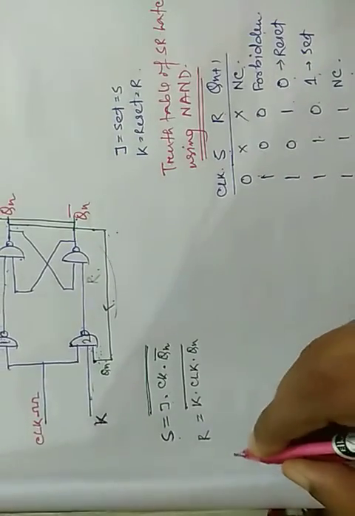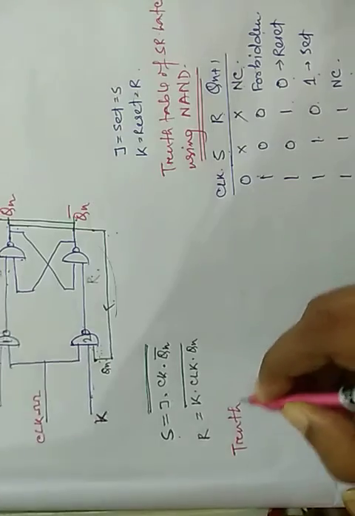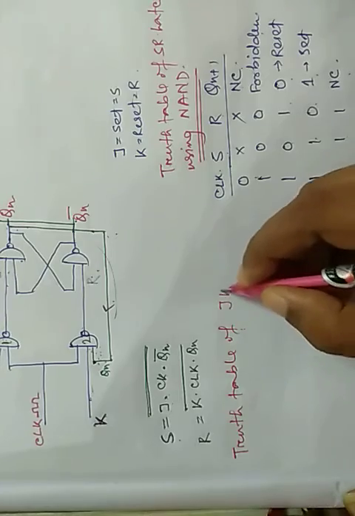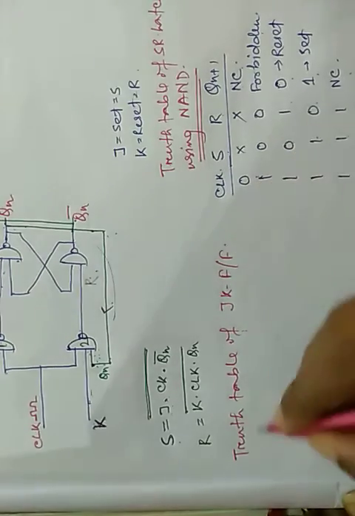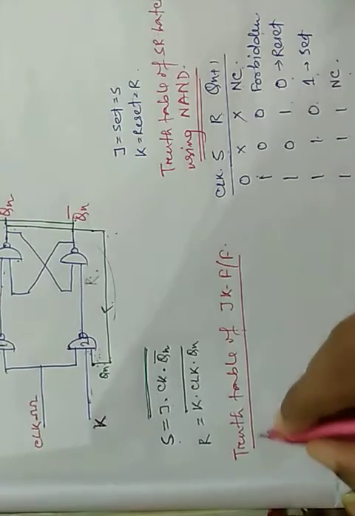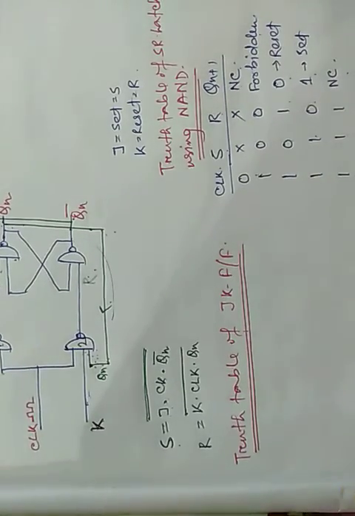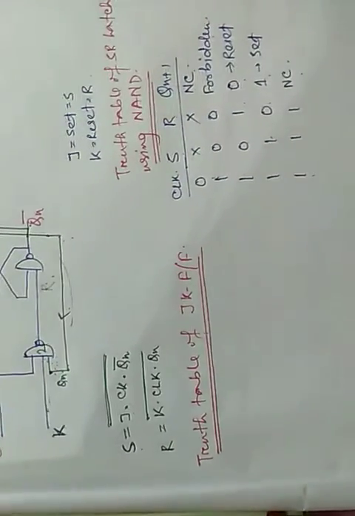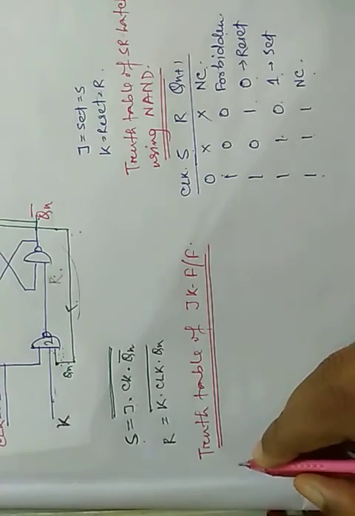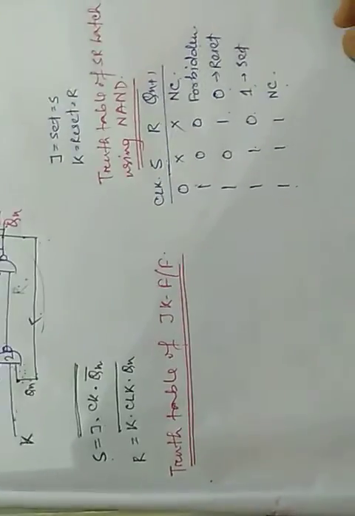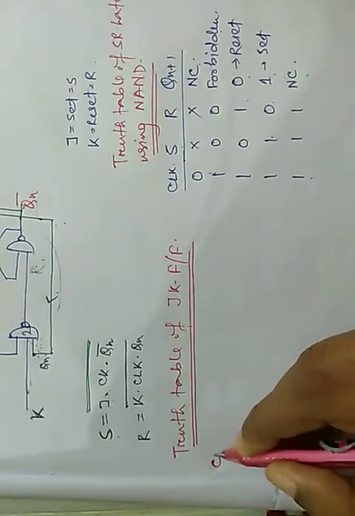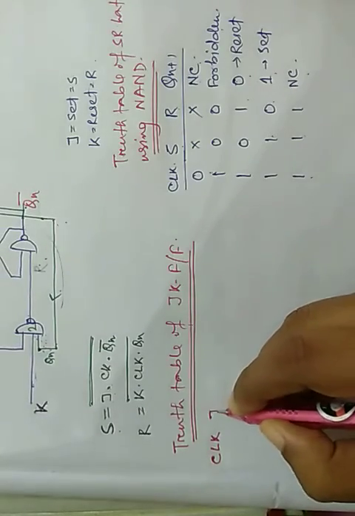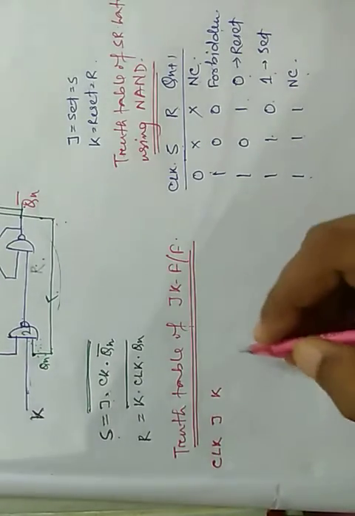So for the truth table of JK flip-flop, our first input should be the clock signal, obviously, then we need the J value, then the K value.